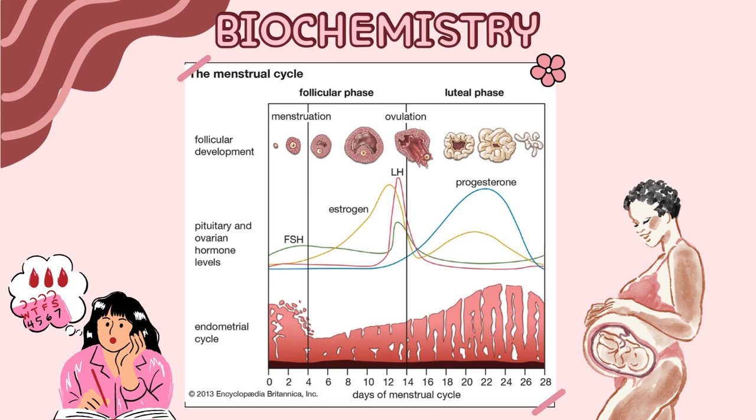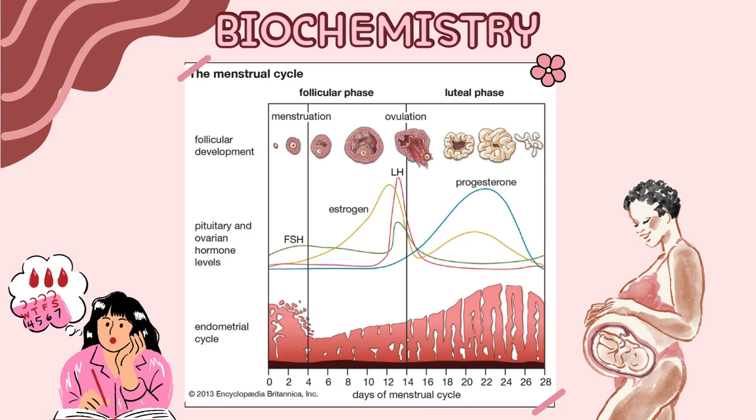It prepares the body for potential pregnancy, and if pregnancy does not occur, the uterus will shed its lining, resulting in what we commonly know as a period. The menstrual cycle is divided into 4 phases, which are the menstrual phase, follicular phase, ovulation phase, and luteal phase. During day 1 until day 5 of the menstrual cycle, the uterine lining that has thickened to support pregnancy will shed through the vagina as blood and tissue.